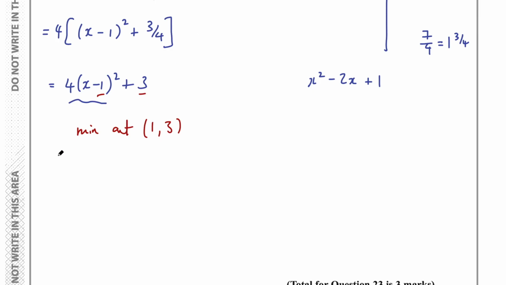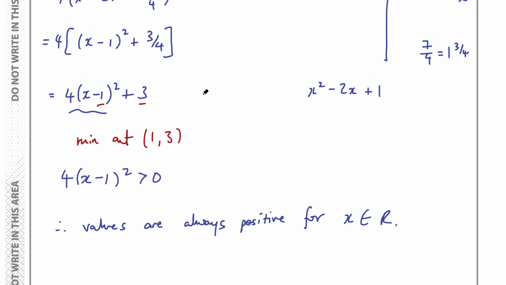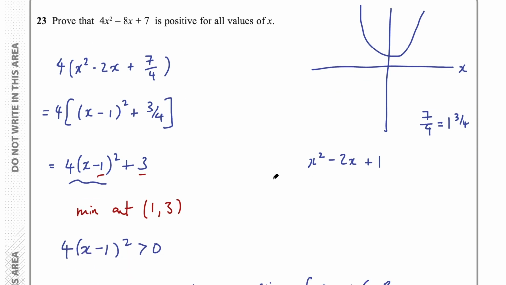So you could also say that 4 bracket x take 1 squared is always greater than or equal to 0. So therefore the values are always positive for any value of x, or x belonging to the real numbers. Okay, so yeah, the main point there is to use completing the square.